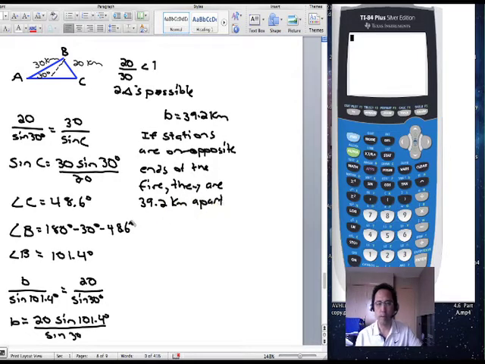But that's just one triangle. So is there a second solution? Well, we'll figure that out now.